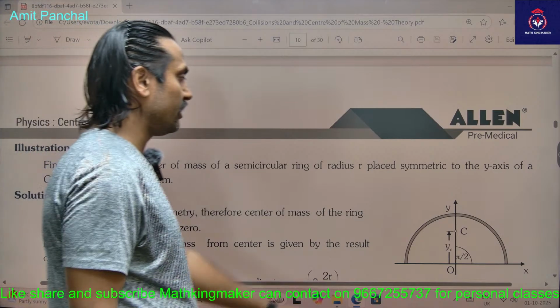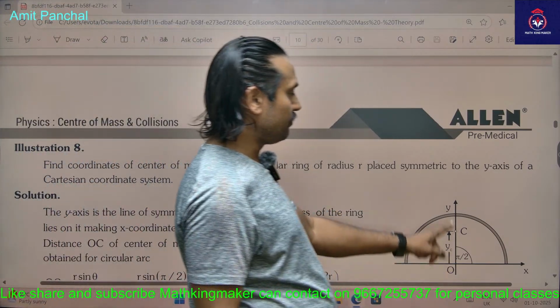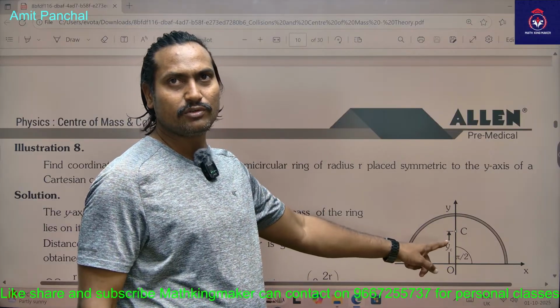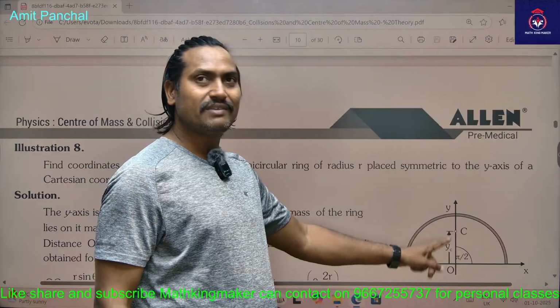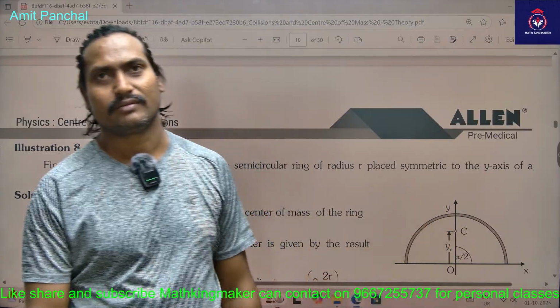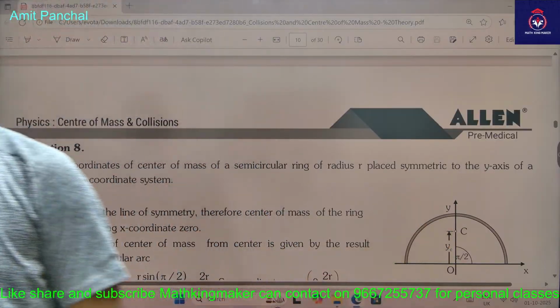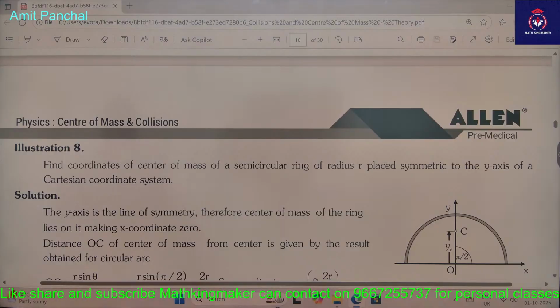In this scenario, x would be 0, and YC will be given directly. Just see what the formula is: r sine theta by theta.